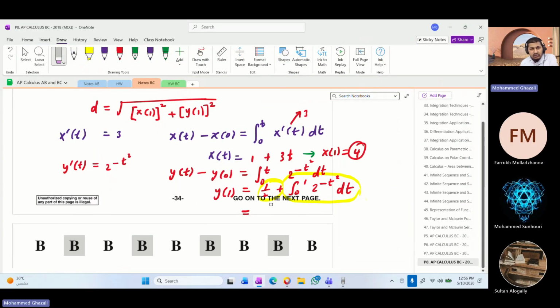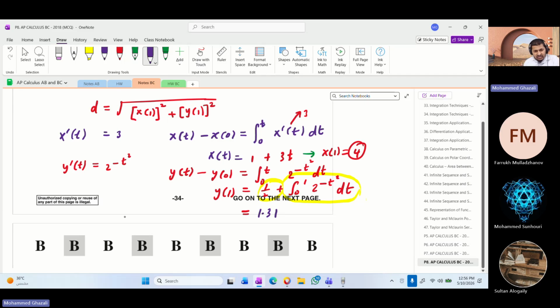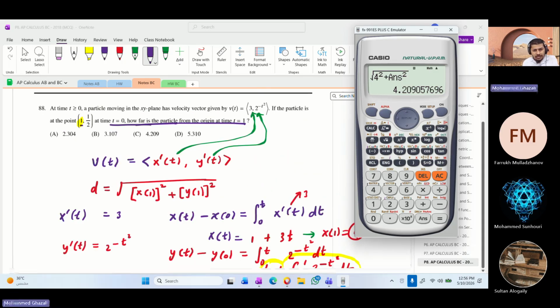Because I added the half as well. Now, I've got this here, so the distance will be the square root of 4 squared plus 1.31 squared. Square root of 4 squared plus the answer squared. I'm getting 4.209. Okay?